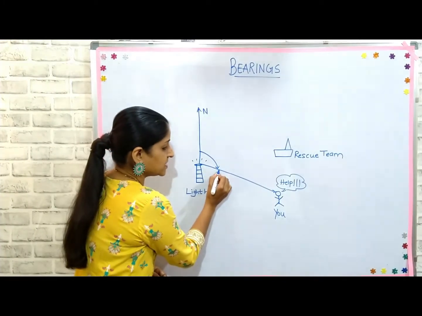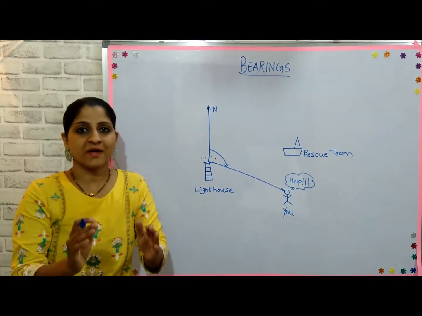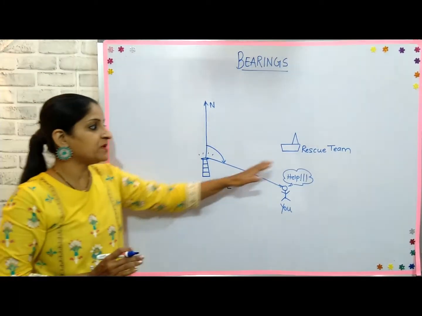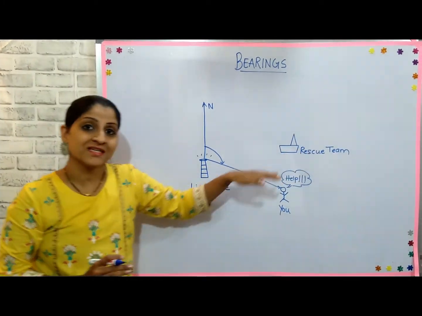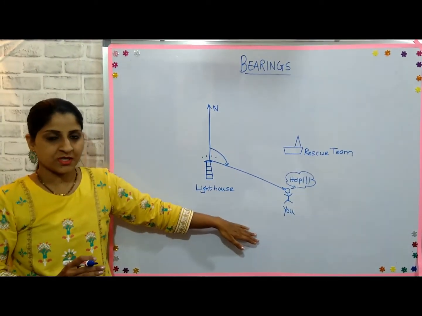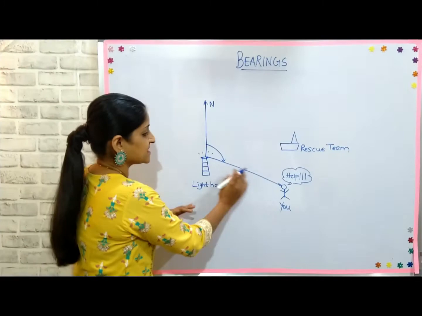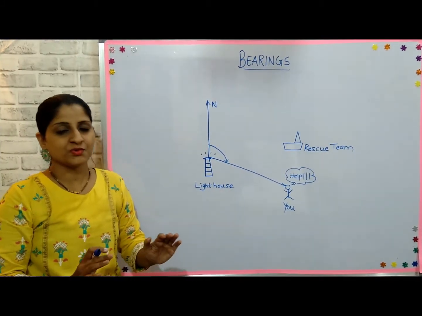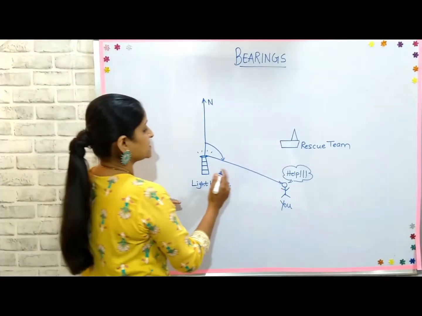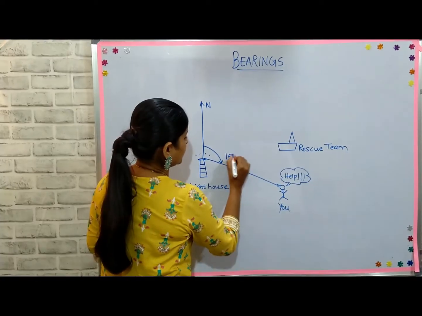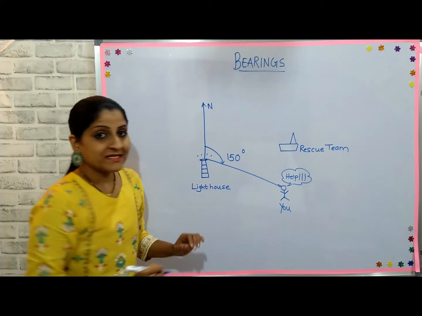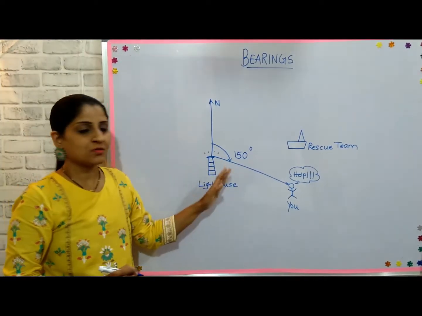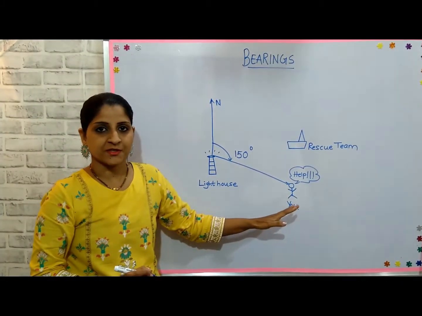And this angle is nothing but your bearing from the lighthouse, which will be known to the rescue team so that they can reach you. We will measure this angle using a protractor. This diagram is not drawn to any scale. Suppose this bearing comes as an angle of 150 degrees, then the bearing of you from the lighthouse is 150 degrees.